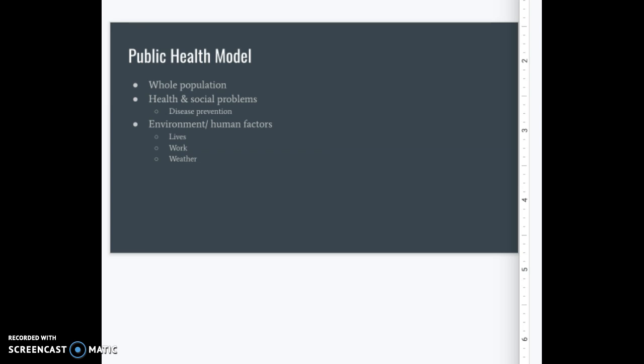So it uses things such as disease prevention to try to stop any sickness, which is very hard as we all know, but it's like creating ways to try to eliminate it or minimize any health issues or social problems.